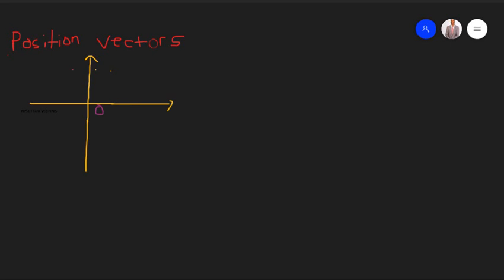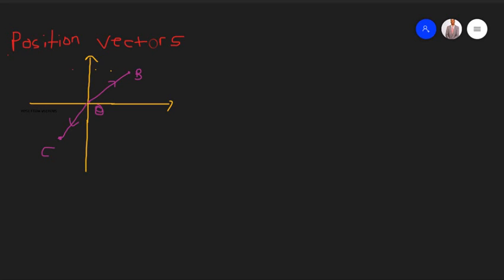Let's look at it on the Cartesian plane. You see that we have point O, then from O to B, and also O to C, are position vectors because they all start from the origin going somewhere, and all these are position vectors.